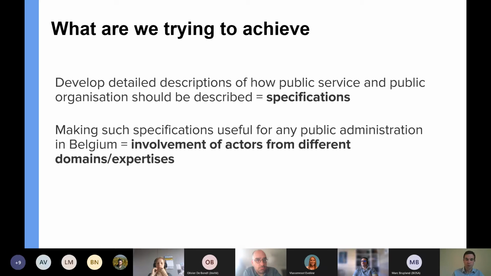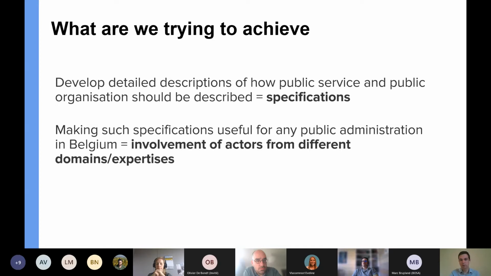Last time we introduced the models, and that's what I just explained. What are we trying to do? To develop data models with specifications. Specifications is just a way of saying a document that describes the characteristics of the models. That's where it's also pretty much needed that we make those specifications and models useful for all of you, for any public administration in Belgium.